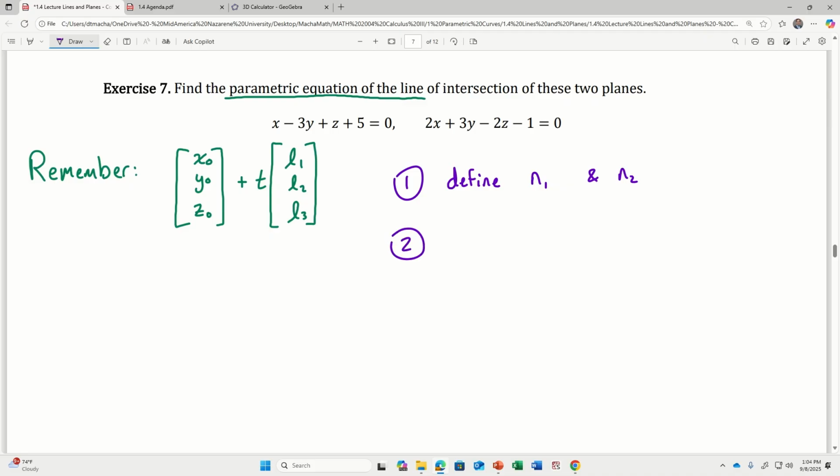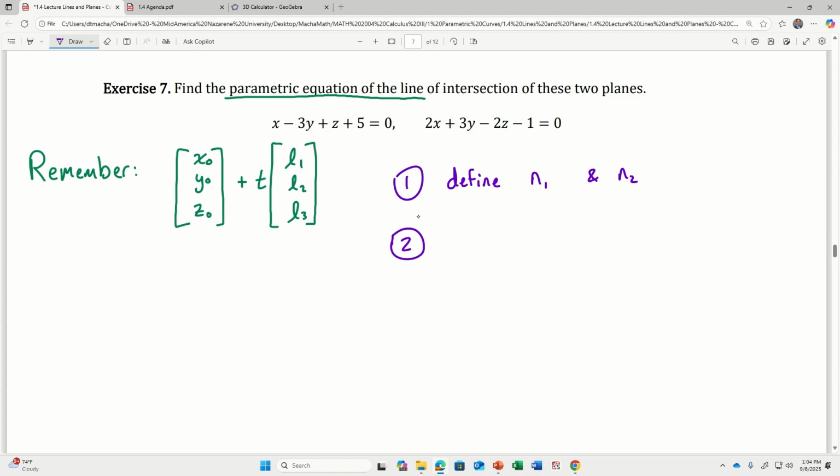Step number 2. We just talked about how the line of intersection between two planes has to be orthogonal to the normal vector of both planes. What is an operation I can do to get a new vector orthogonal to two given vectors? The cross product.